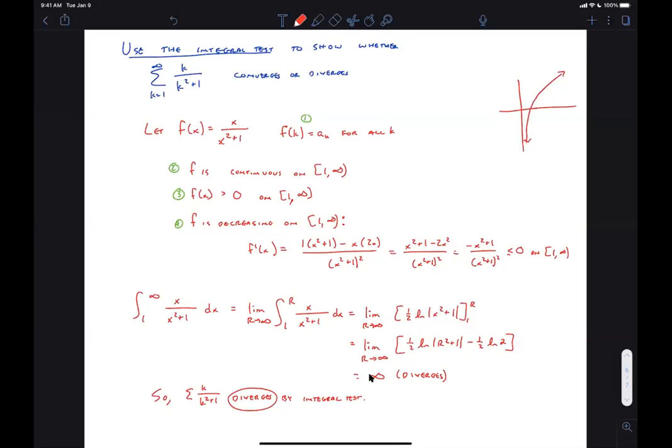So the fact that you get infinity means that the integral diverges. What the integral test says is if the integral diverges, the series diverges. If the integral converges, the series also converges, not necessarily to the same number, but they do both converge or both diverge. Does that answer the question in chat?